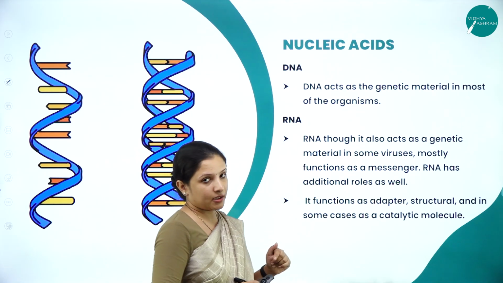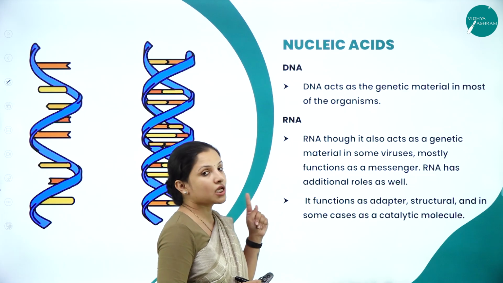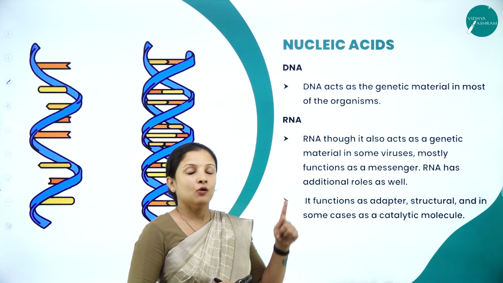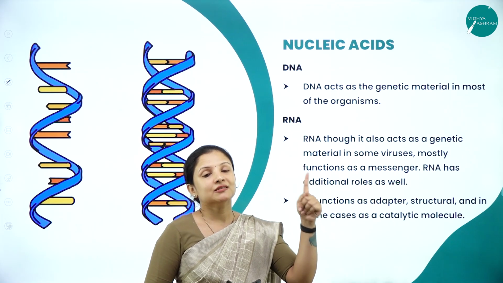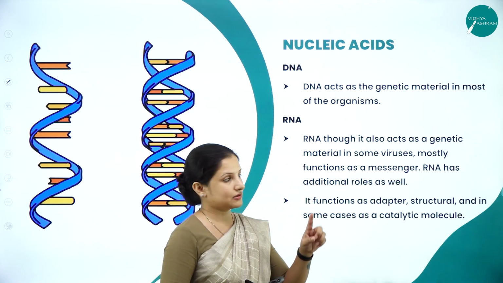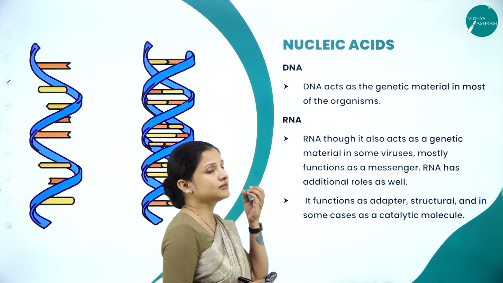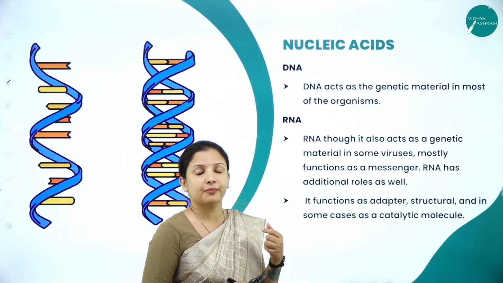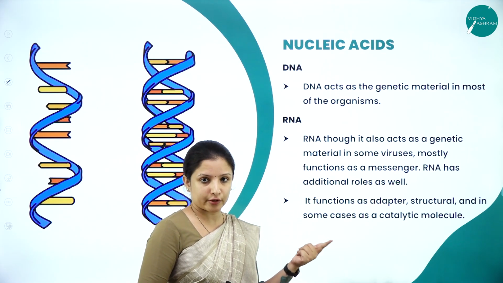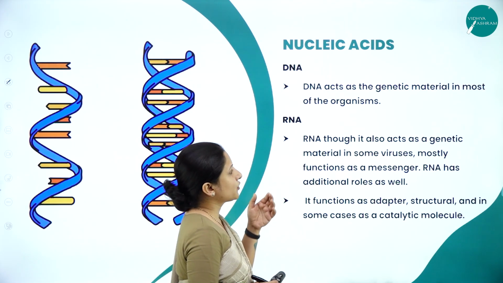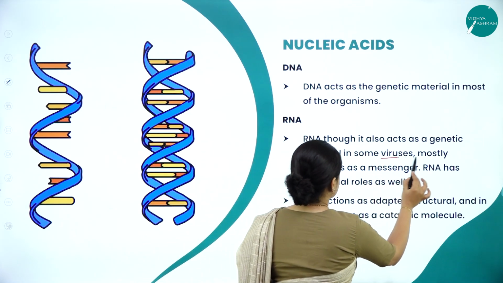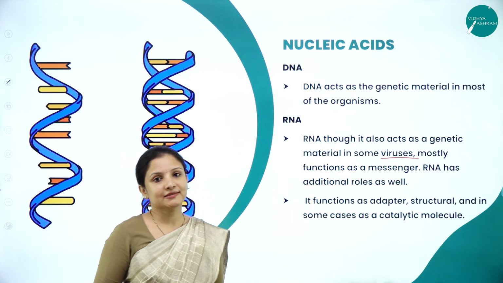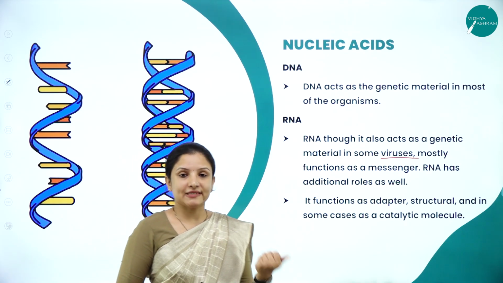Now coming to RNA. DNA is deoxyribonucleic acid. It contains a deoxyribose sugar which is connected to the nucleic acids, right? And RNA is ribonucleic acid because it is made up of ribose sugar, one of the components. So RNA, though it also acts as a genetic material in some viruses, it mostly functions as messenger, right? So messenger RNA.